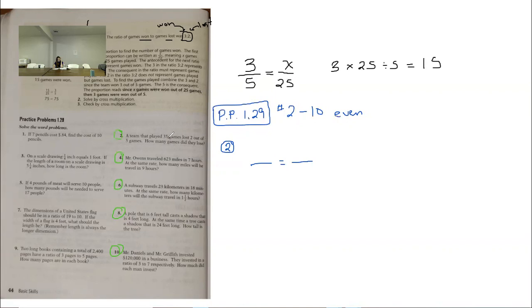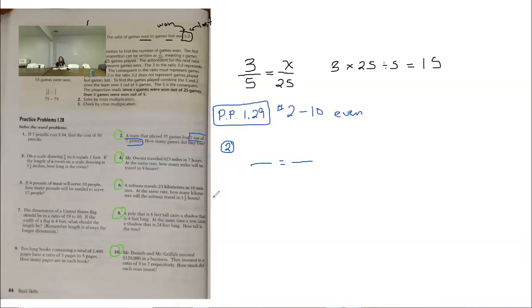Okay, so it says a team that played 35 games lost 2 out of 5. So the 35 games isn't really part of that connection with 2. It was 2 out of 5. Does that kind of make sense? That's the piece that connects, that it's 2 out of 5.